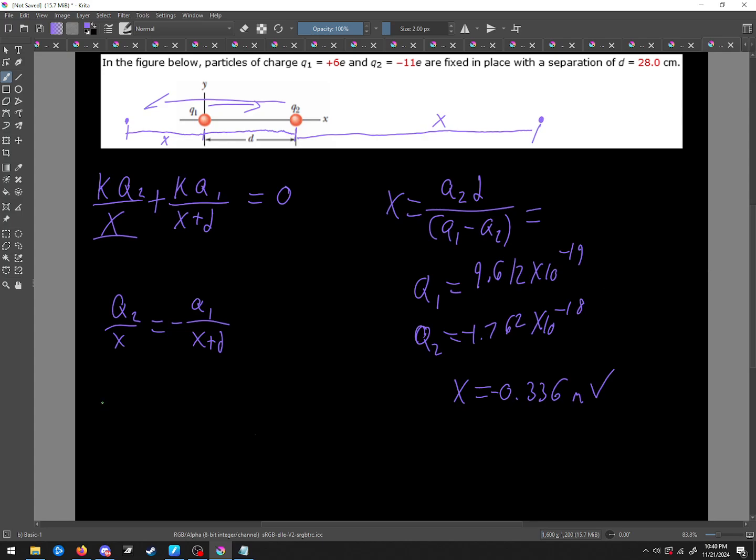If that's going to negate and that's going to negate, what if I just, let's see. We're going to have negative Q1x equals negative Q2 x plus d. You can just take the negative out on both sides.